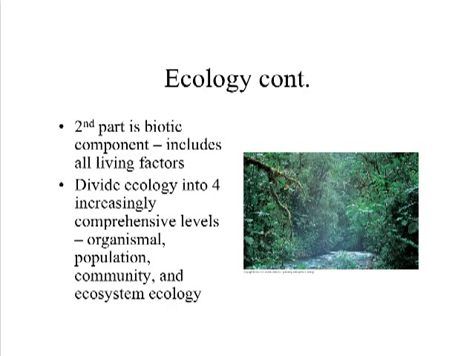A little broader perspective is the community level, so all of the animals and plants and stuff that interact with each other in a specific area. And then finally, the biggest level that we can study ecology at is the ecosystem level, which is like an entire area or ecosystem, and how the abiotic and biotic factors are influencing each other.